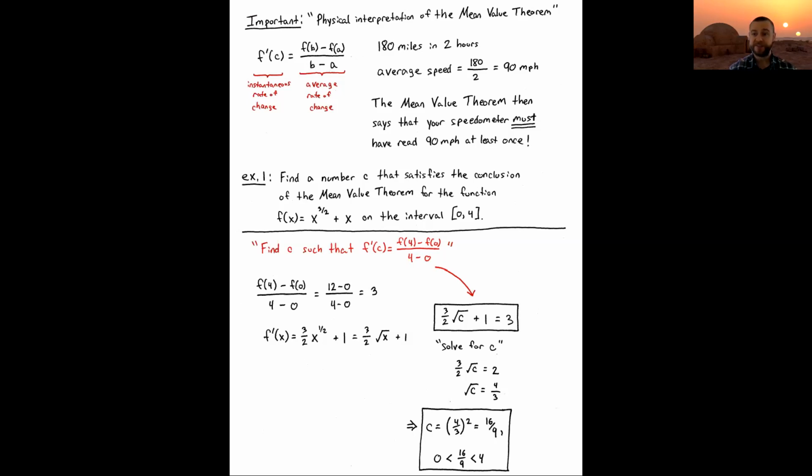And if you check, 16/9 certainly is between 0 and 4. So the conclusion of the mean value theorem leaves us finding c as 16/9. That's the value of x for which the tangent line has the same slope as our secant line, 3.